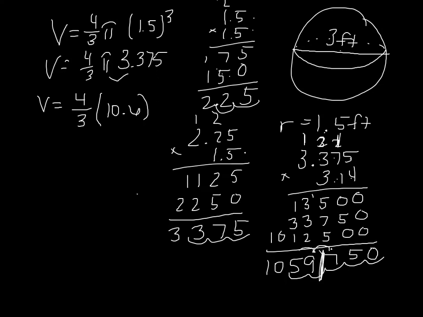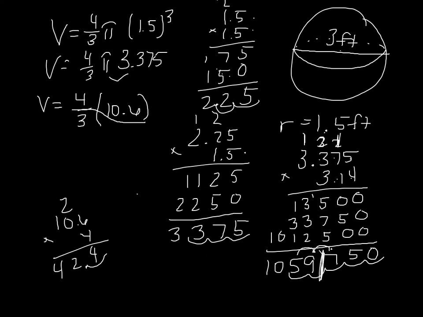My 10 would make my 5 a 6, so 10.6. Okay, so now I have to, again, multiply 10.6 times 4. And I would get 24, 2, 4, bring it back 1.